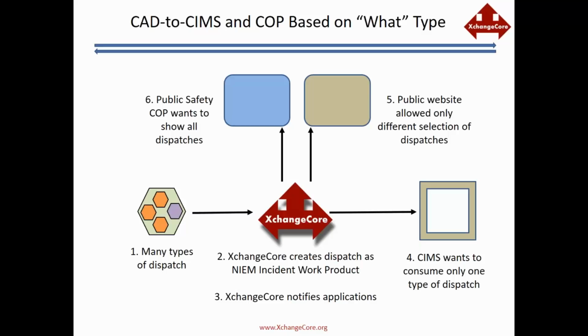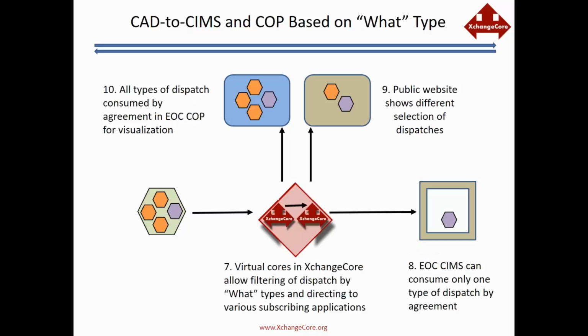As we said earlier, number 4, the Crisis Information Management System only wants to consume one type of a dispatch. The public website is allowed to only get selected dispatches, and the public safety cop wants all the dispatches. So the process that unfolds then looks a little bit like this.